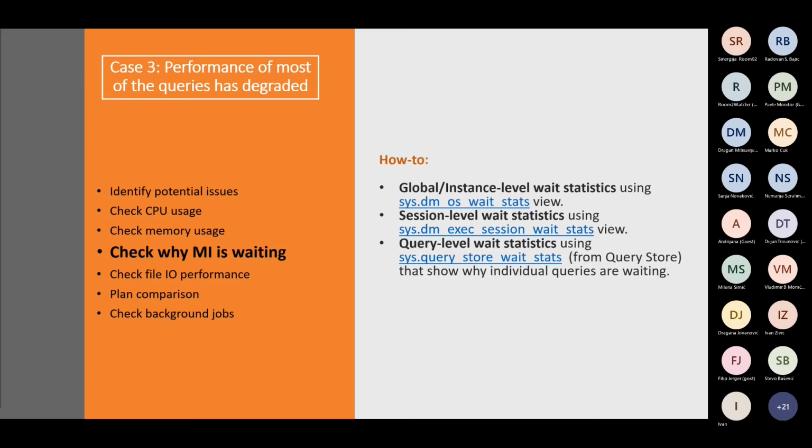There are several types of wait statistics that you can analyze. Global or instance level wait statistics show you the global statistics that are holding up your workload. Here's the DMV you can use to analyze these statistics. Also, there are session level wait statistics and query level wait statistics that show why individual queries are waiting.